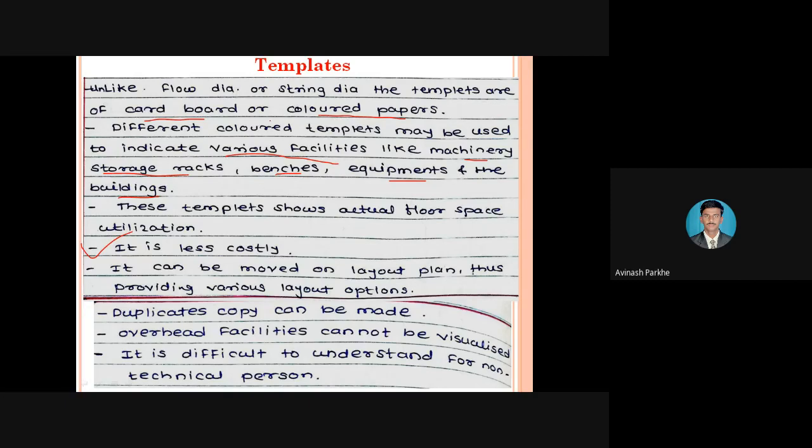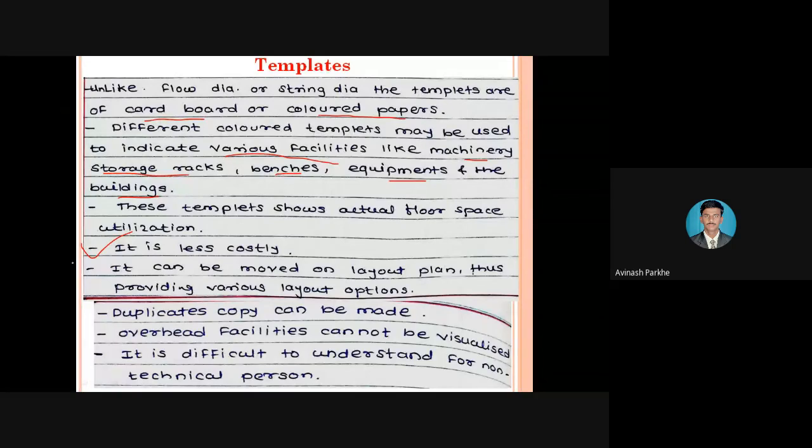Once your layout is properly designed by using these templates, if I have to shift all those templates from one location to another, or from one layout to another, they can be easily moved. Because these templates, these color papers, are movable, we can remove them from the first layout and use the same templates to indicate another type of layout.